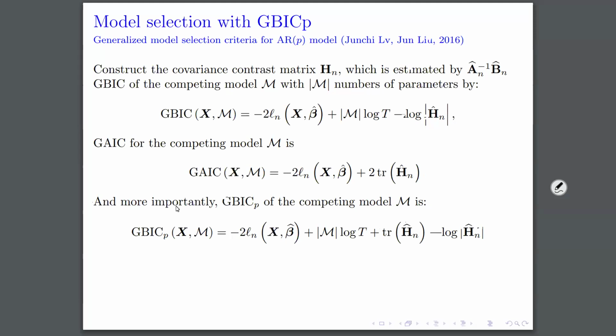And the one we are using in this project is the generalized BIC with prior, because it's just the regular BIC plus the trace of this matrix H_N minus the log of the determinant of H_N. And the first part is just the regular BIC.